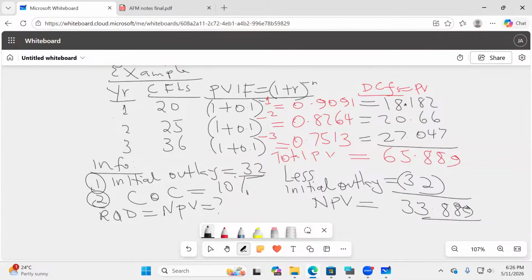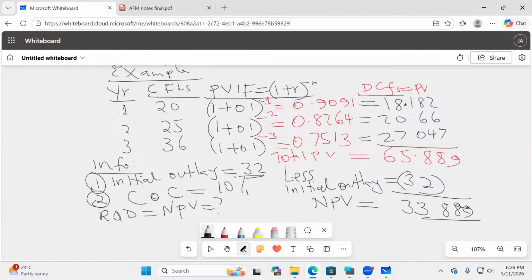Do you know when this net present value is positive, what kind of advice should we be able to give? The project is viable, because it has a positive net present value. When it's viable, that means it shall be able to increase the shareholders' wealth.